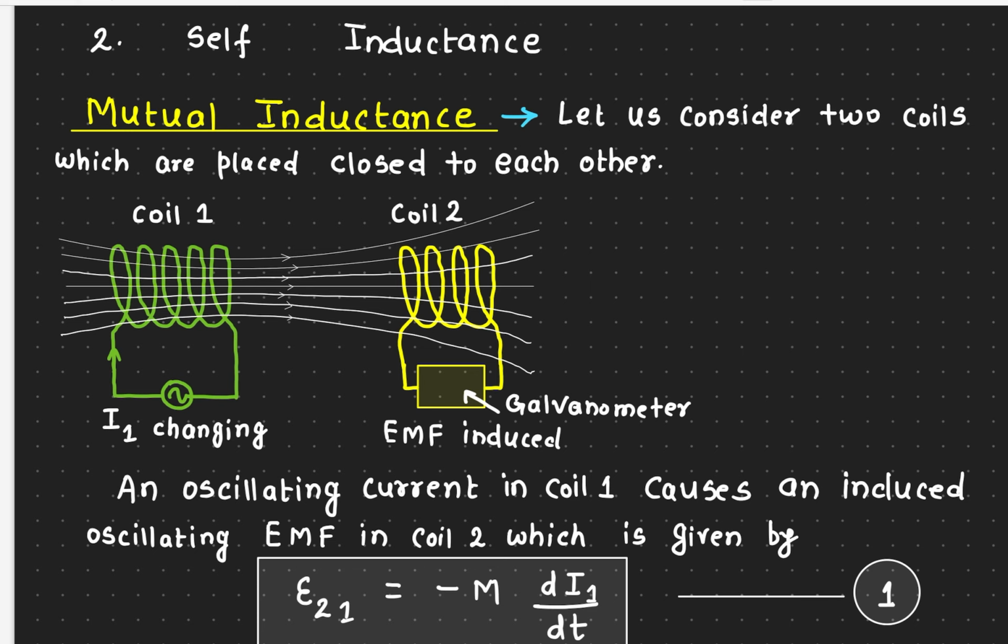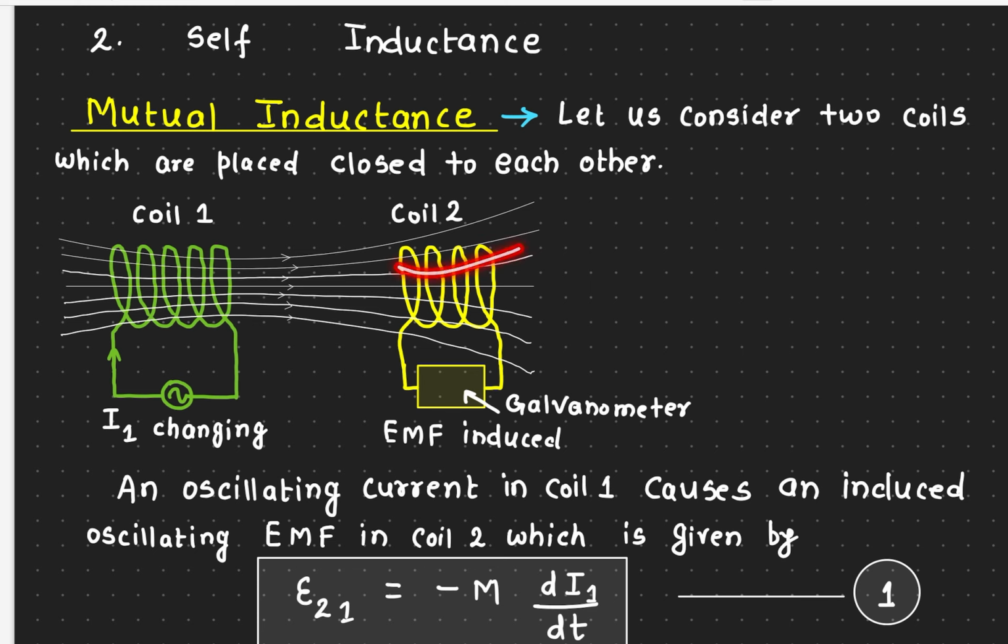Again, the first coil has a changing current, or it is connected to an oscillating voltage source. Because it is connected to an oscillating voltage source, the flux passing through this coil is changing with respect to time. And some of this flux also passes through the second coil, or coil 2.